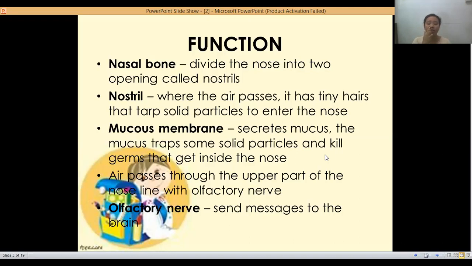Your sense of smell gives you a warning that there is danger around. The smell of burning wood tells you that something is on fire. The strong smell of some materials tells you if they are poisonous to your body. So that is the parts of our nose and the uses of our nose.